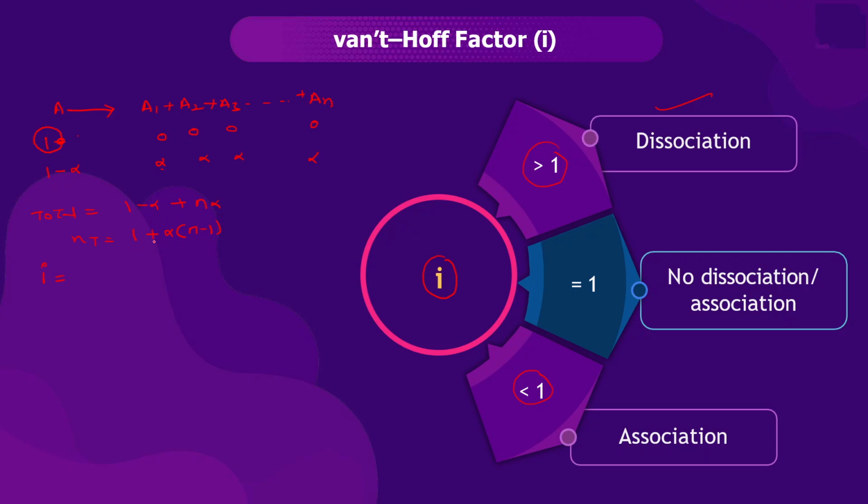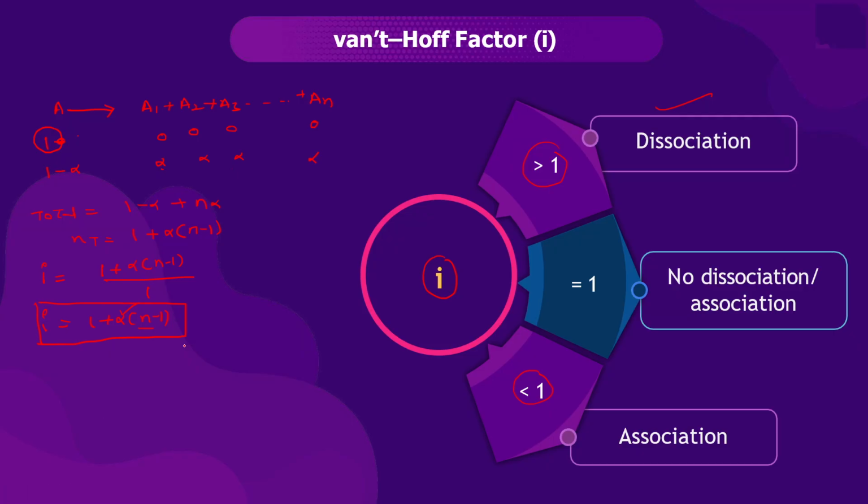After dissociation, 1 plus alpha into n minus 1, upon 1. So i is equal to 1 plus alpha into n minus 1. This is the van't Hoff factor in case of dissociation. Here alpha means degree of dissociation, n means number of ions.